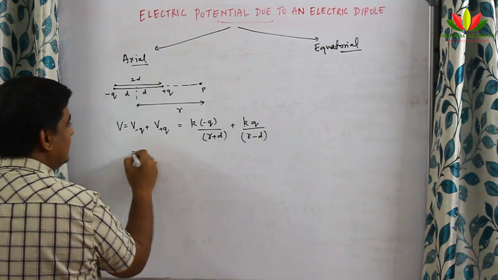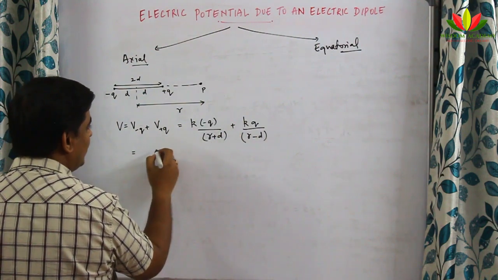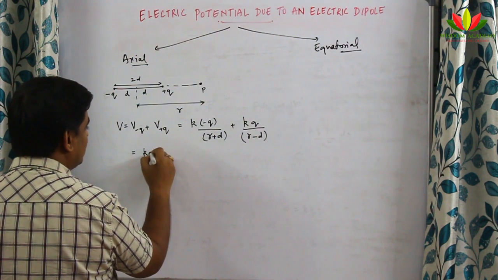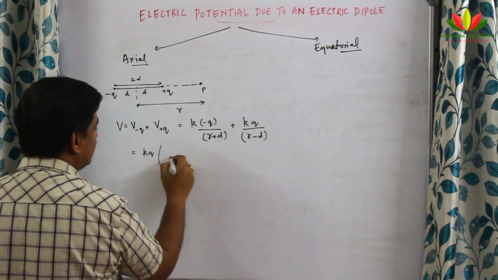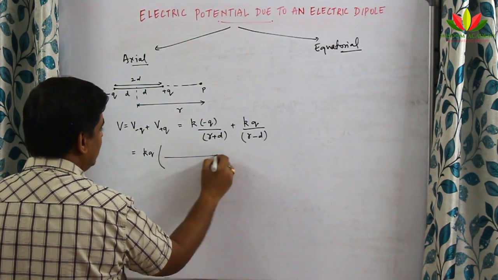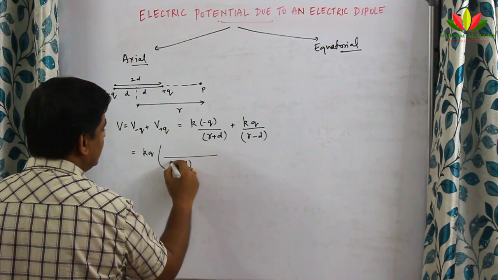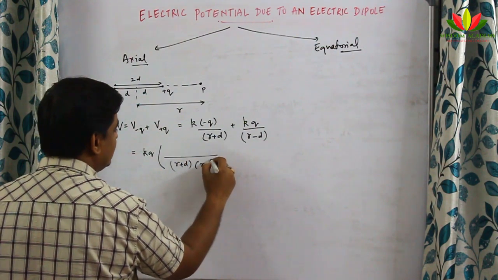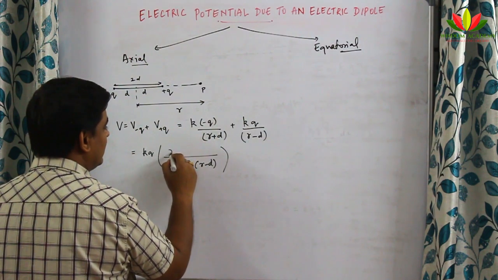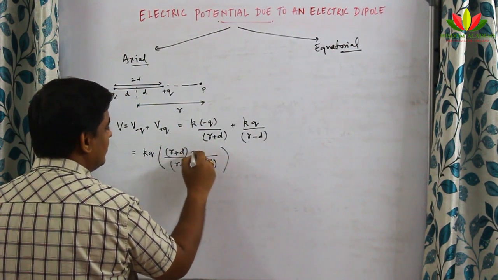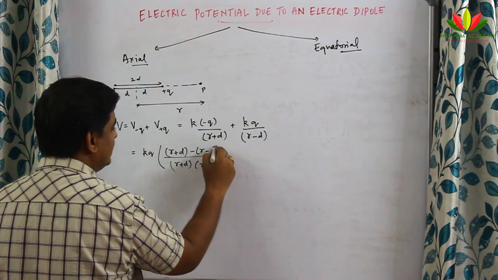Now take kq as common. Below we will have r plus d into r minus d, and above we will have r plus d minus r minus d.